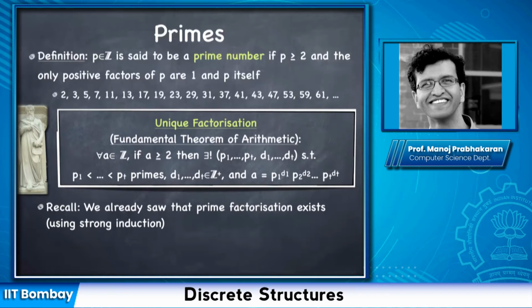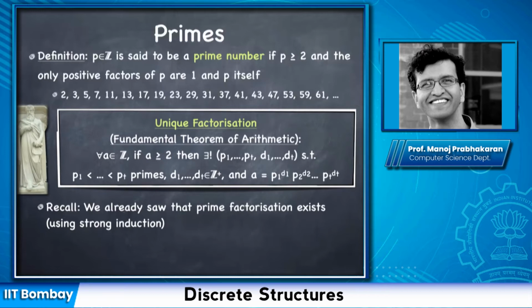So the fact that you can take a number and keep factorizing it until you get to a point where you cannot factorize, that's when you get to a prime number. And this process will terminate because your factors are getting smaller and smaller. So that is what you could prove just using induction.